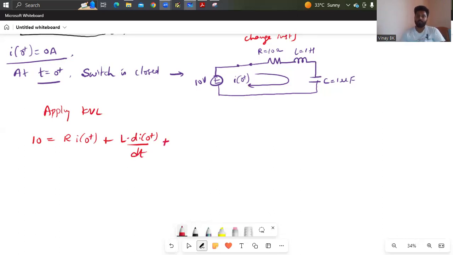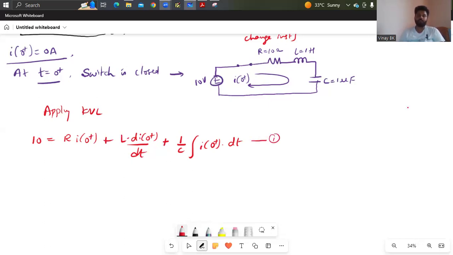Similarly, plus the voltage across the capacitor is 1 by C into the integration of I of 0 plus dt. This is the voltage across the capacitor. You can call this equation number 1.